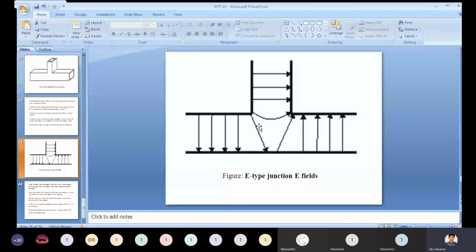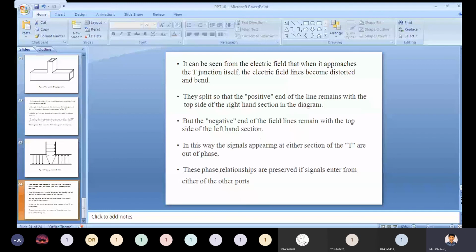Sometimes they bend, sometimes they distort. They split so that the positive end of the line remains with the top side of the right hand section in the diagram, but the negative end of the field line remains with the top side of the left hand section.